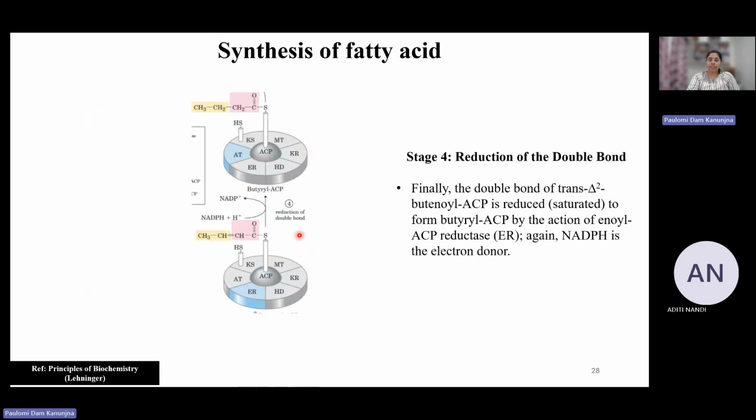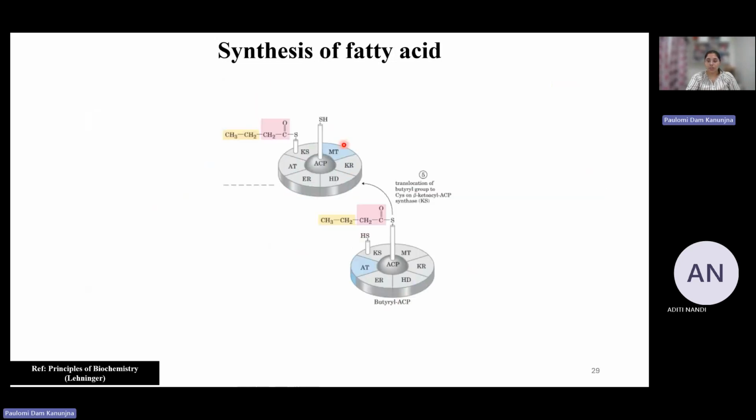Okay, so when you have this reduction, you have butyryl ACP, which is the first 4 carbons added to the growing chain. Then this chain is transferred to this group here, and then you have additional carbon coming in. So you have the translocation of this butyryl to this cysteine on the beta.